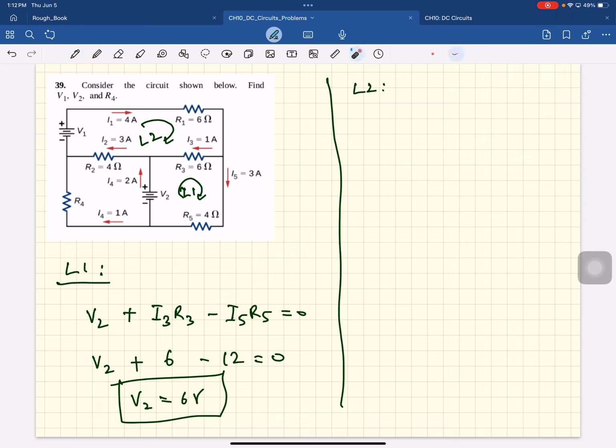Okay, so let's start here. V1 minus I1 R1 minus I3 R3 minus I2 R2 equal to 0.